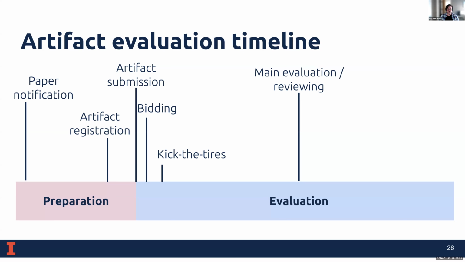Then they're encouraged to use their best judgment to see if what they observe matches what the paper claims and shows through the graphs, the plots, the tables that are in the paper itself. And once this is done, a few weeks later, authors get notified of a decision, just like they would with the paper.